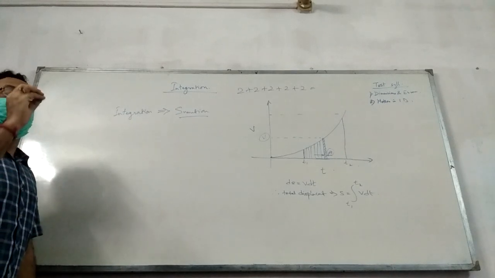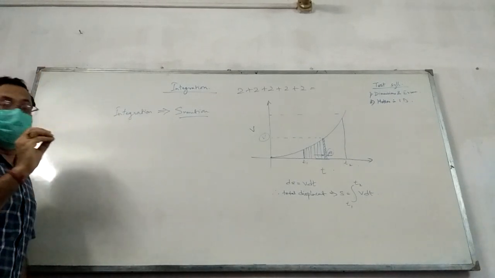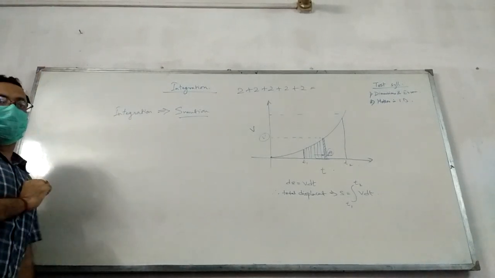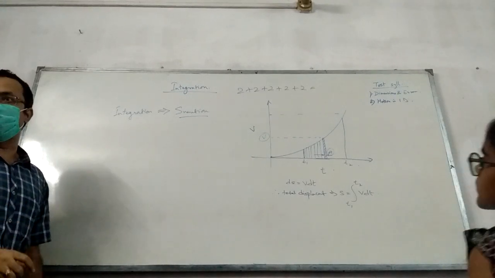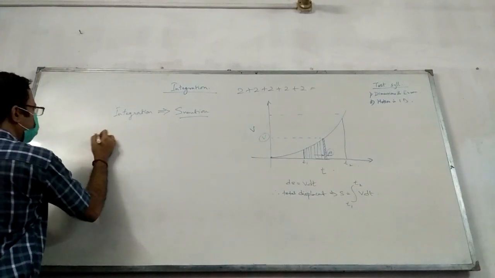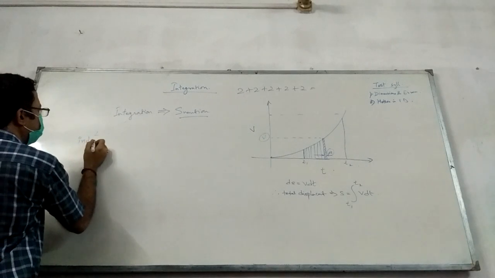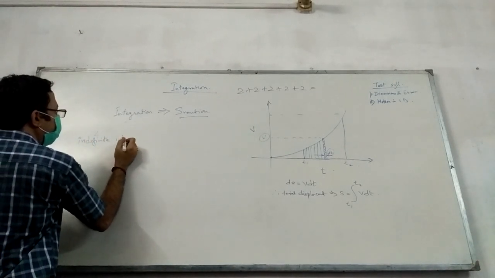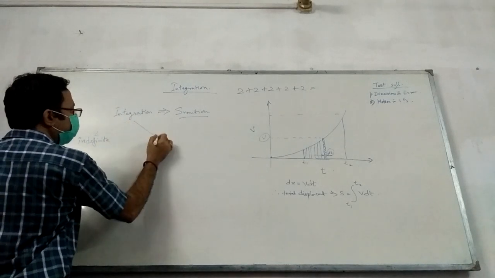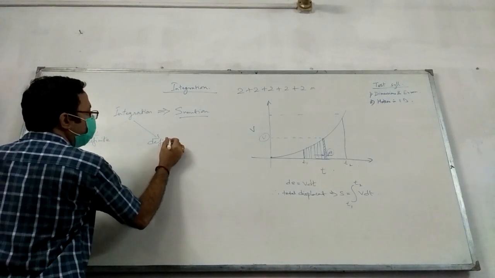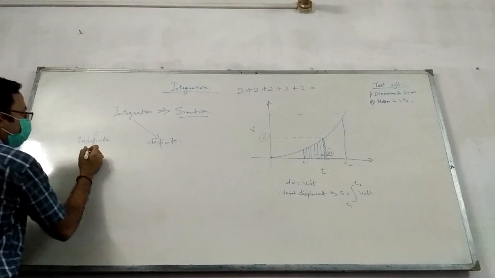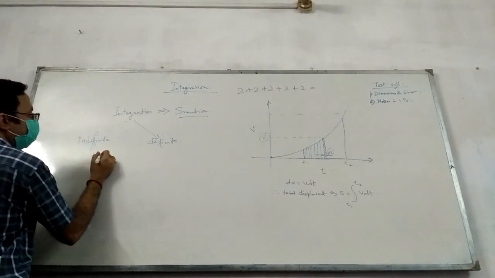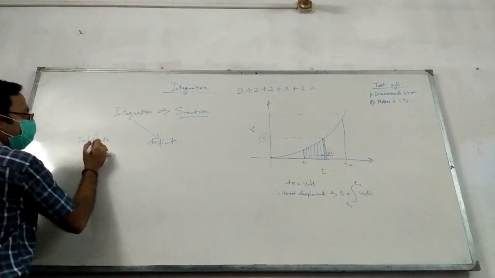Yes. Now this is a very important thing. Integration mathematically is of two types. One is indefinite integration, and another is definite. Indefinite integration is of the type integration of sin x dx, where the limits are not known.